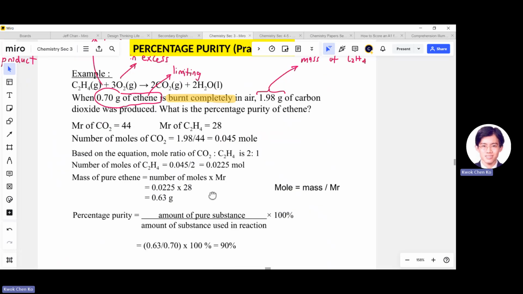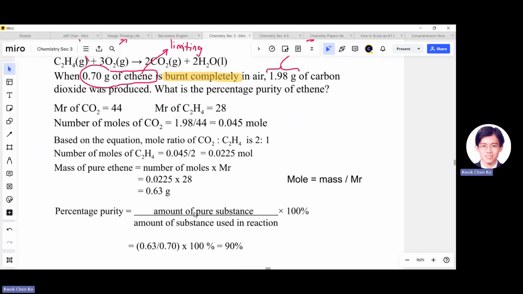But remember, I stress again, when you use this formula, the percentage purity amount has to be mass. Most of the time. There are a few exceptions, but I won't mention those exceptions. All right, it's in mass. So find out the mass of pure ethene, 0.63. Put in the numerator. Mass of impure ethene, given in the question, 0.7.